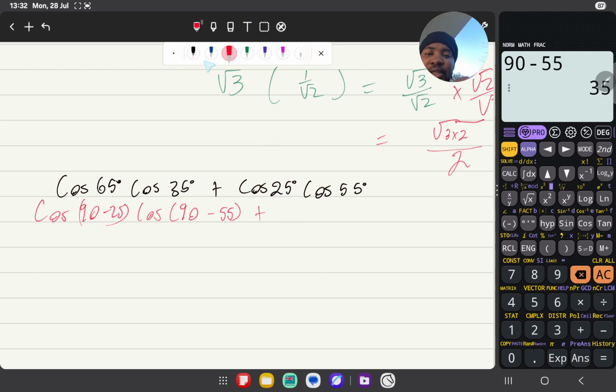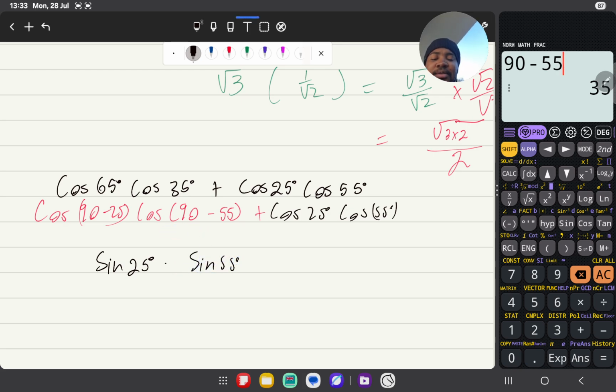Then this one you just write as it is, cos 25 cos 55, because now this is going to be sine 25, and this is going to be also sine 55.